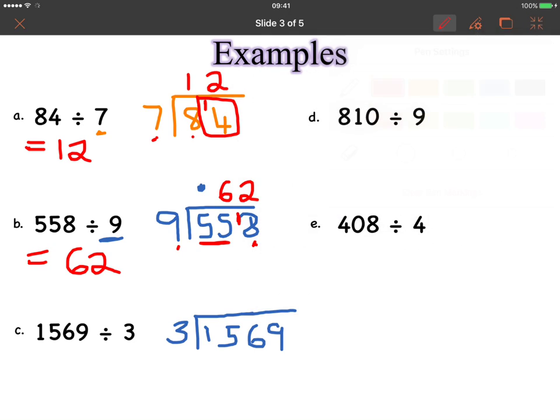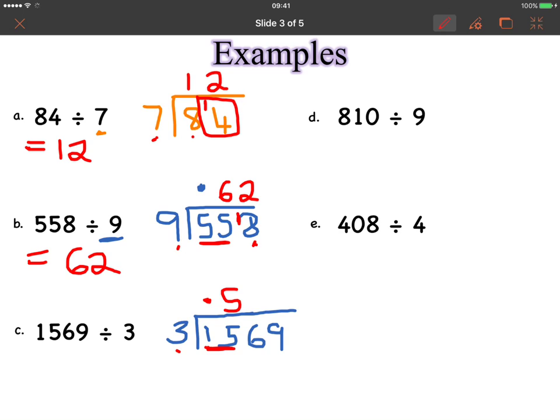And this time 3 goes into 1. Well, it can't go into 1, so I just put a placeholder. But 3 can go into 15 5 times. And, oh, no remainders. How lucky are we?